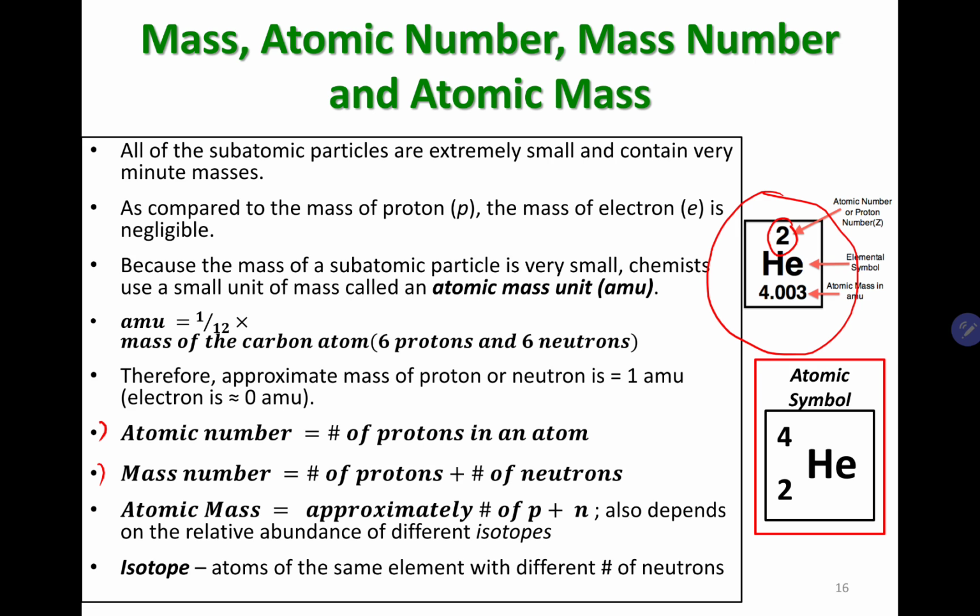The interesting thing about this atomic number is that it is equal to the number of protons in an atom. So no two elements are going to have the same atomic number, and therefore no two elements are going to have the same number of protons.